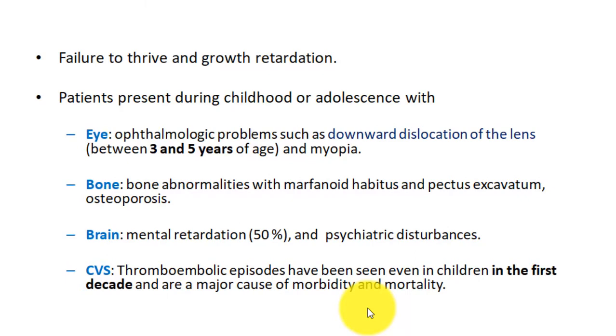The patient dies because of this thromboembolic episode. So this patient has dislocation of lens in the eye, osteoporosis, Marfanoid habitus, involvement of the brain, mental retardation and psychiatric disturbances, and serious thromboembolic episodes.